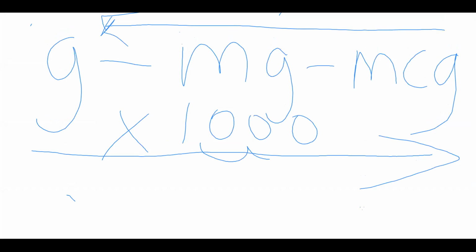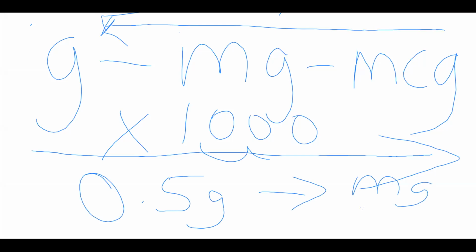So in this case, if you were going from 0.5 grams to milligrams, you've got to move it 3 places to the right: 1, 2, 3, and then we add the zeros.